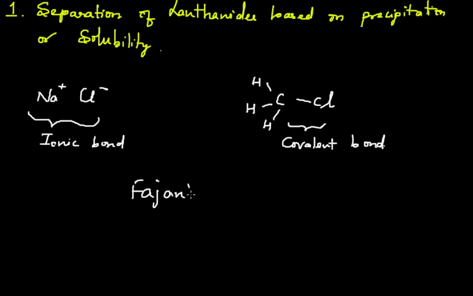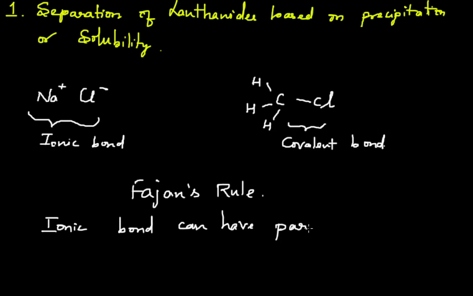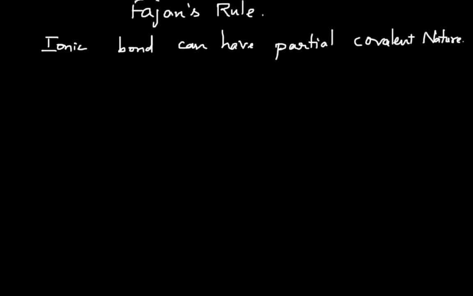Fajan's rule tells that an ionic bond can have partial covalent nature. So what does it mean? Let's go through this concept.